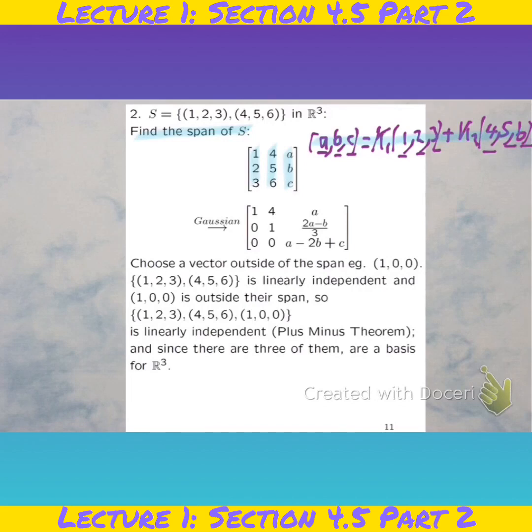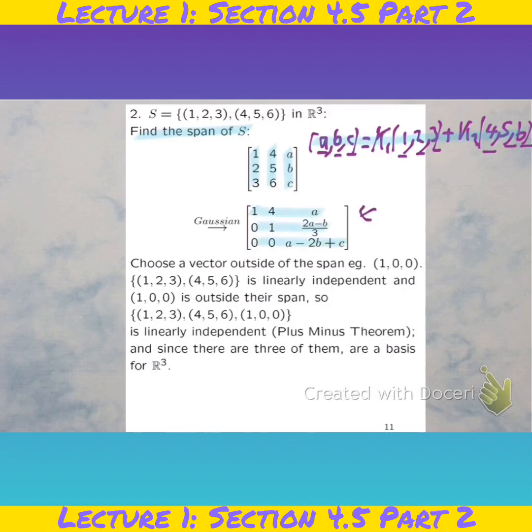And then translating that, the unknowns are k1 and k2. So we can set up a system with 2 unknowns and 3 equations, and we can compose that little matrix there and then use Gaussian elimination.